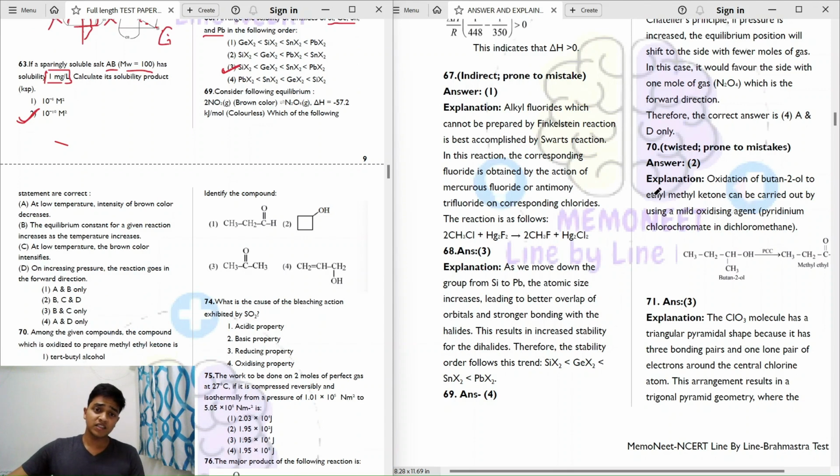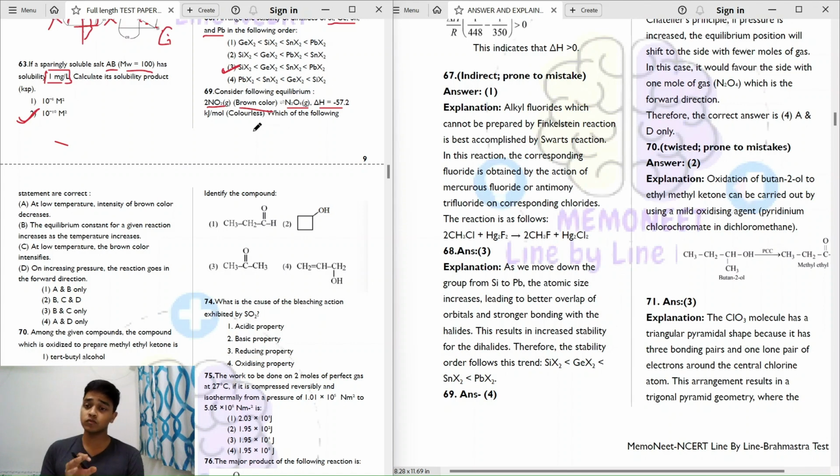The question says, consider the following equilibrium. We have 2NO2 gas, which is brown in color. It is being converted to N2O4, and the enthalpy of reaction is given as minus 57.2 kilojoule per mole. We have to tell how the equilibrium will change when the temperature and pressure are changed. For an exothermic reaction, the reaction moves in the forward direction when the temperature is lowered.